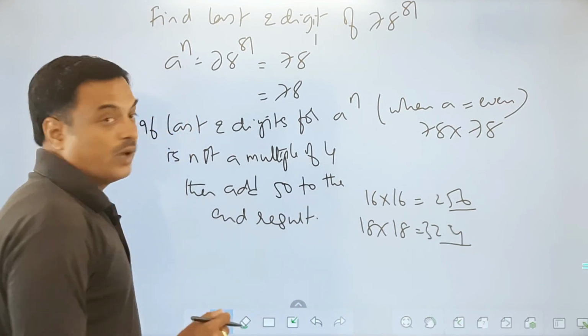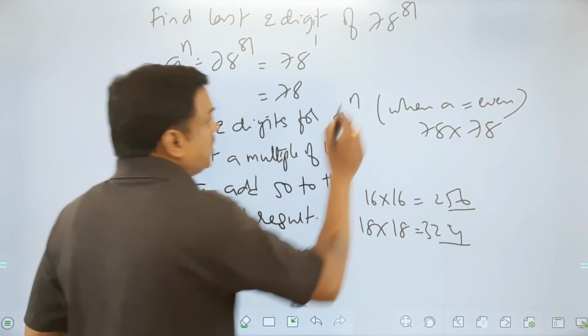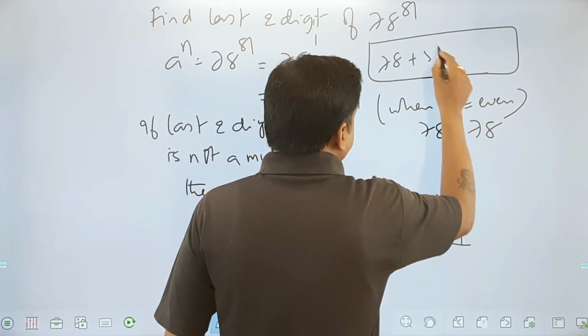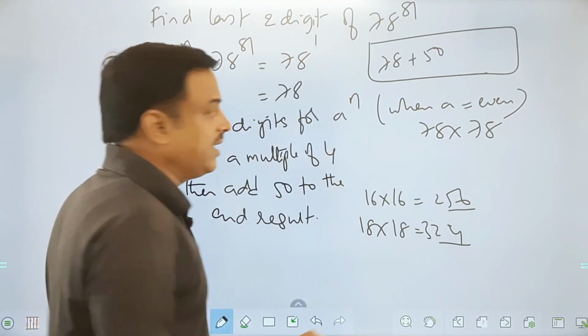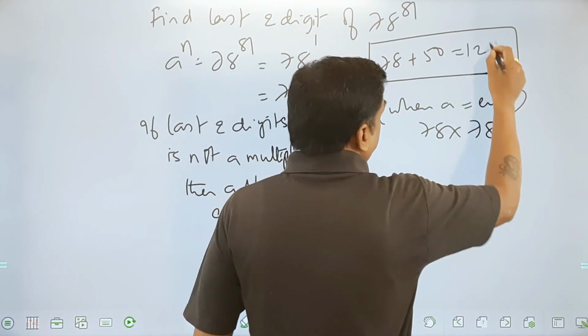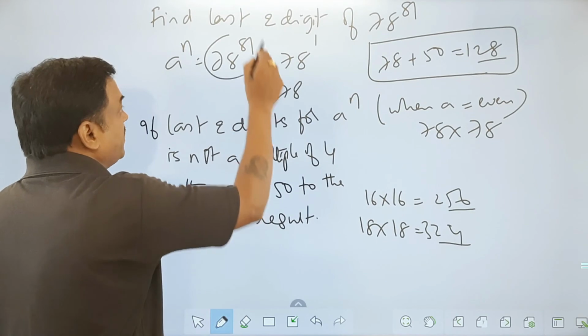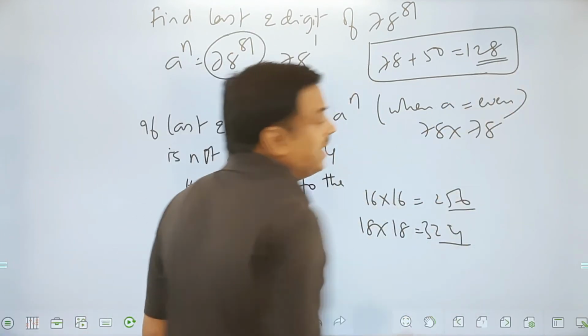So my final answer will be 78 plus 50, which is 128, and 28 is a multiple of 4. So the last two digits of this one are 28.